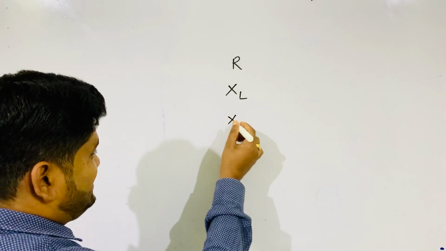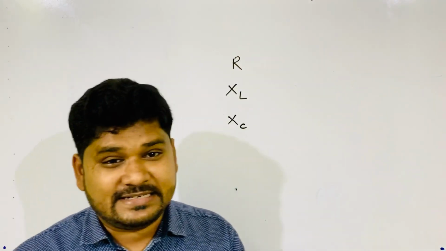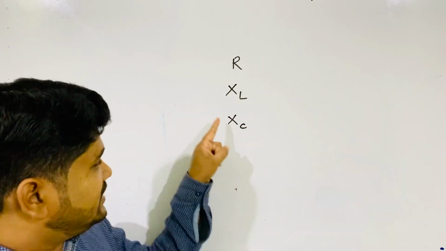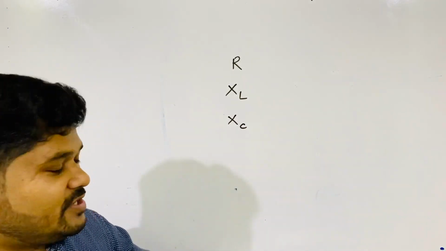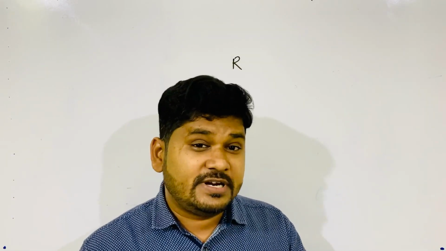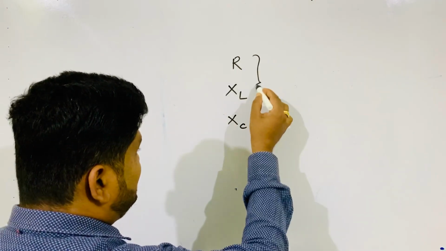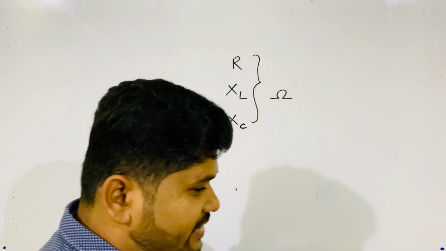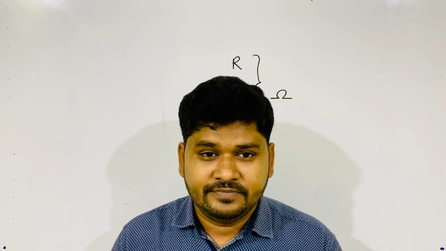The opposition of a capacitor is called capacitive reactance. When a resistor is connected, the opposition is called resistance. When an inductor is connected, it is inductive reactance. When a capacitor is connected, it is capacitive reactance. But all three are measured in the unit ohm. The SI unit of inductive reactance, capacitive reactance and resistance is ohm.